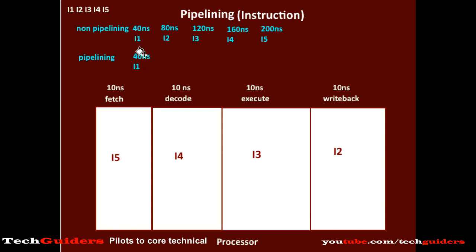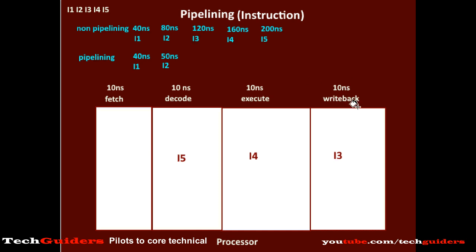So here at 40 nanoseconds, we get the first instruction I1 out, similar to the non-pipeline approach. But the next instruction completion requires only 10 more nanoseconds, meaning at 50 nanoseconds we get the next instruction I2 out. Then I3 will move to the write back unit, I4 will move to the execute unit, and I5 is decoded.